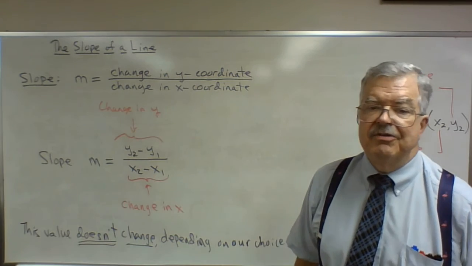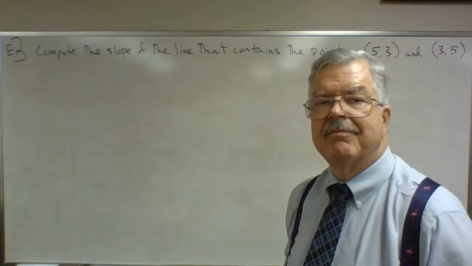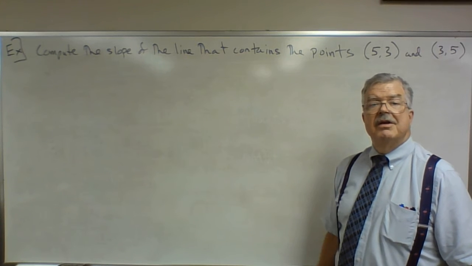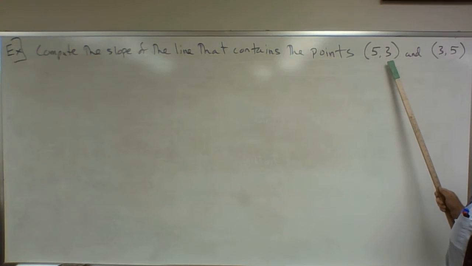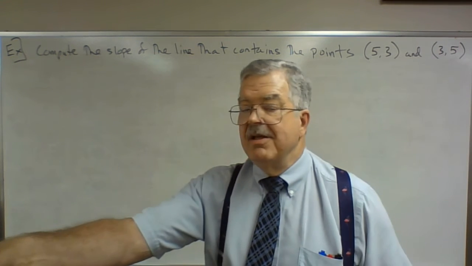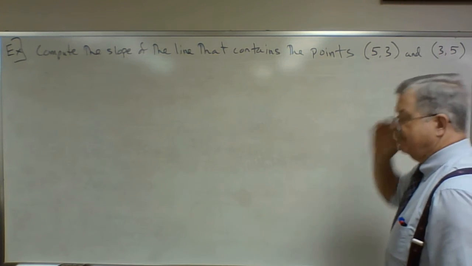So let's do some examples. Here's a good one to start off with. Compute the slope of the line that contains the points (5, 3) and (3, 5). So we have a line that contains these two points.